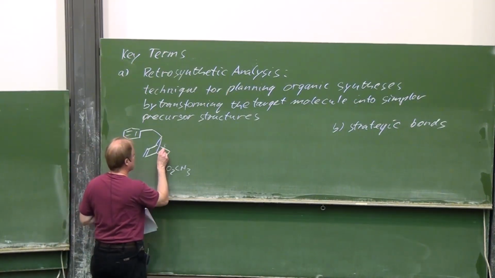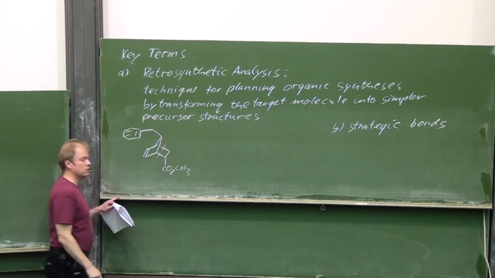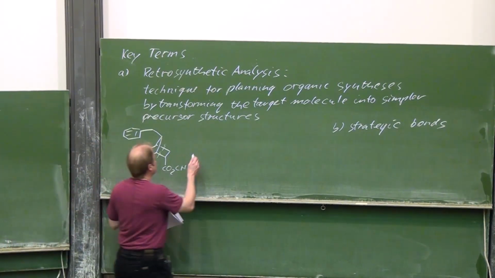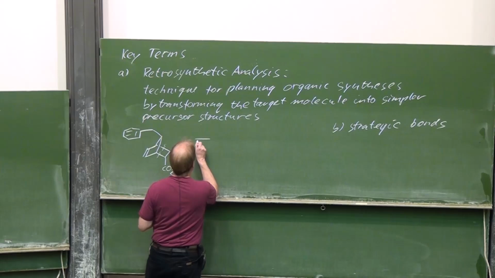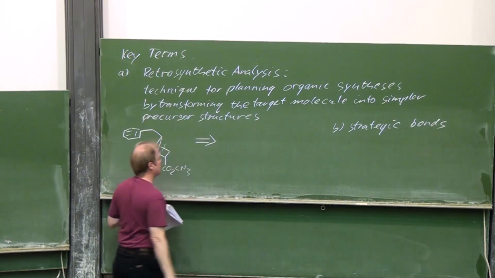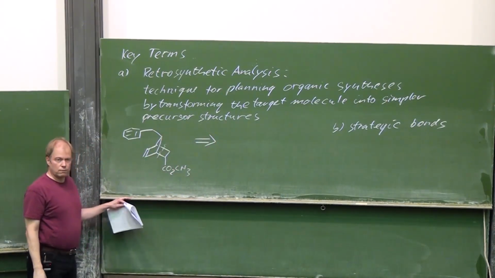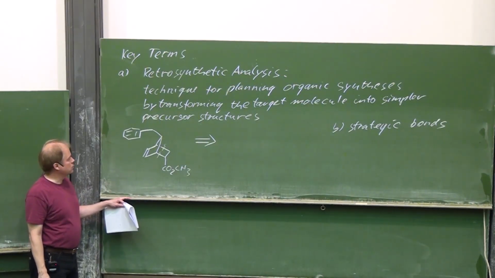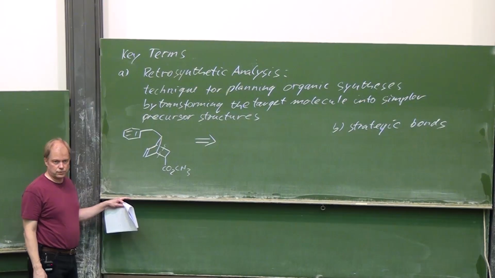Let's break already two bonds at the same time. So, we draw this type of arrow. This arrow is a retrosynthesis arrow.